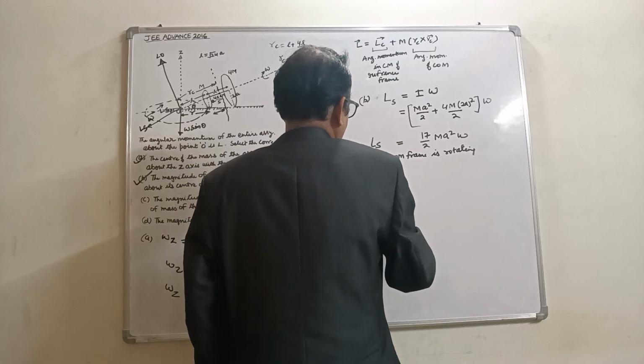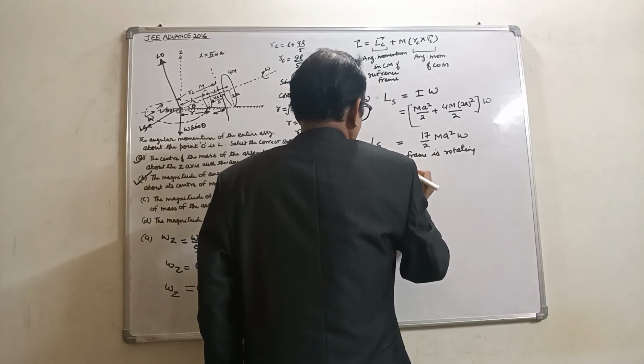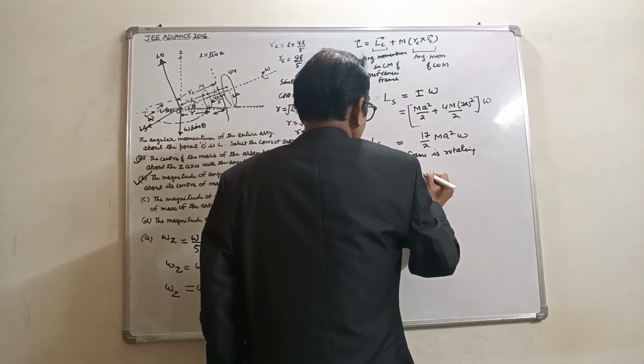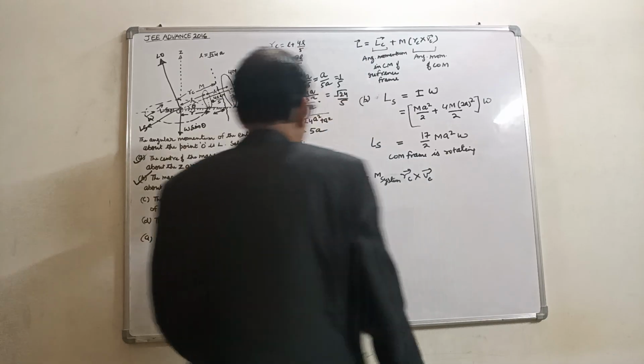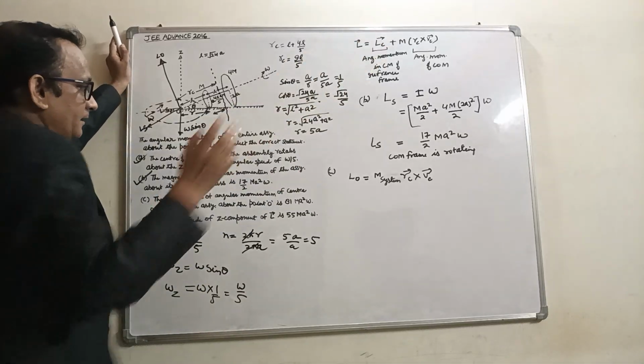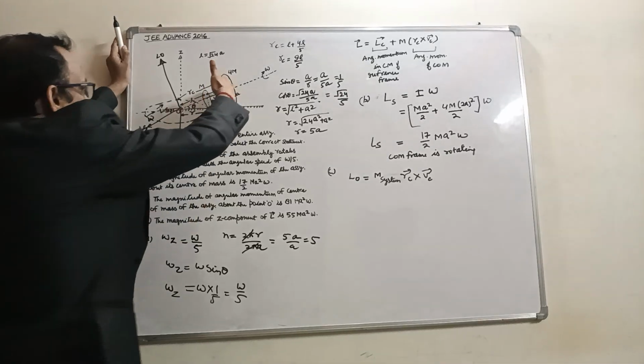So we write m system cross RC vector cross VC vector, and then the direction of the orbital angular momentum.